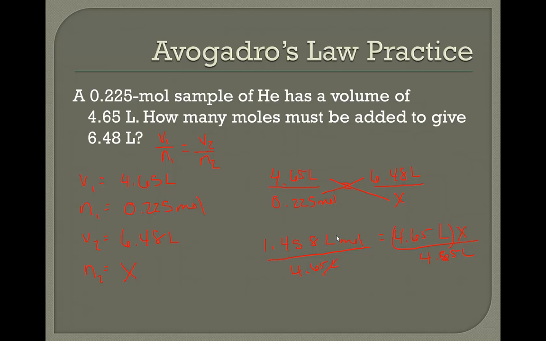And that comes out to be 0.314 moles. That's how many the total moles would be. If you need to know how many you needed to add, it would be 0.314 moles minus 0.225 moles. That's how much would actually be added.